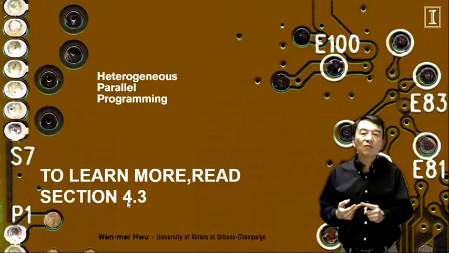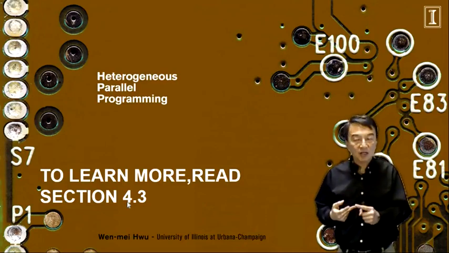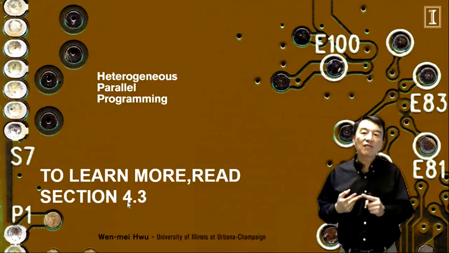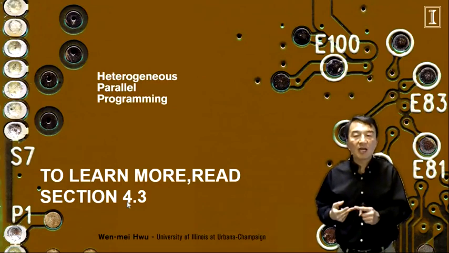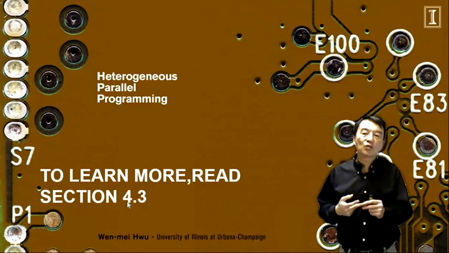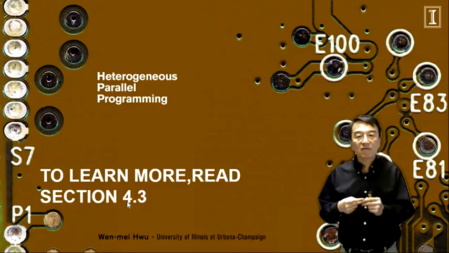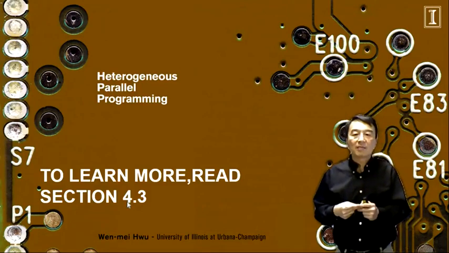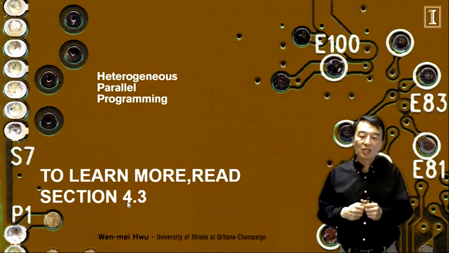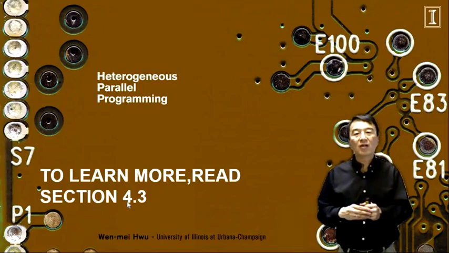And hopefully it has become clear that the boundary checking code, even though it will cause some control divergence, only causes control divergence to one of the warps of the execution, and therefore the real performance effect of the control divergence will be very small for the application. And I'd like to encourage you to read the textbook section 4.3 if you want to learn more about the nature of control flow in CUDA kernels.